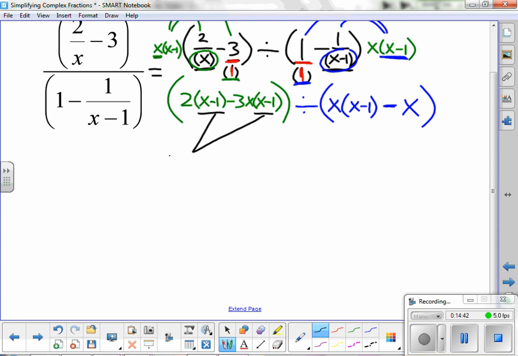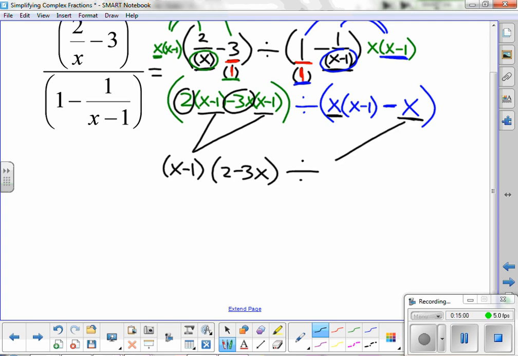That's a common factor of x minus 1. Now the leftover parts are this 2 and this minus 3x, so you get 2 minus 3x. So that's actually factored. That's the top. And same thing here, you have common factors that you can pull out. You can pull out an x.